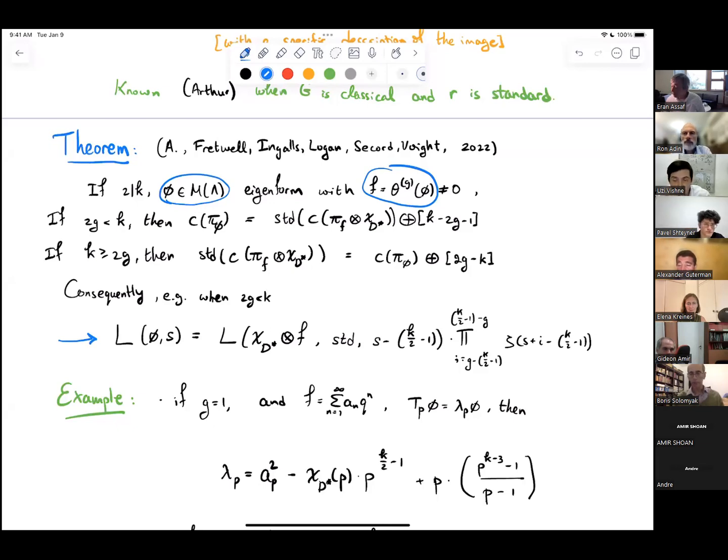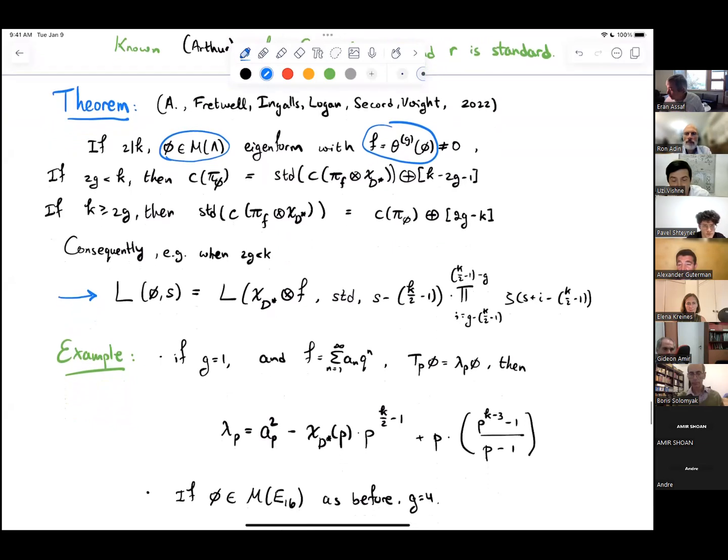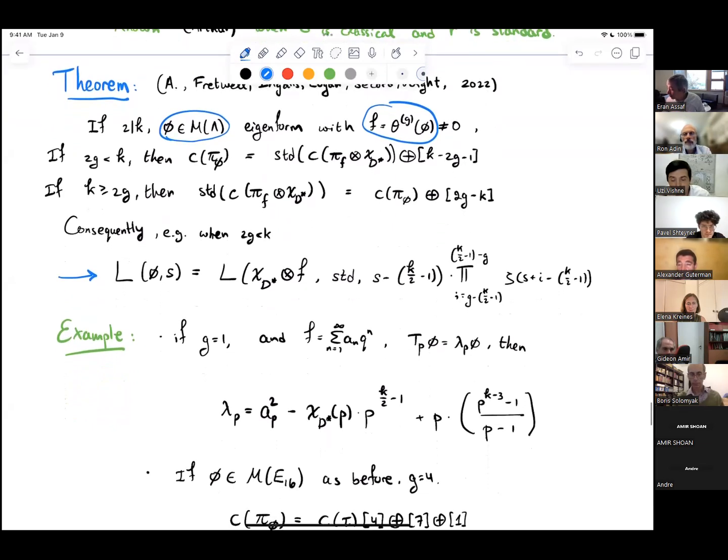And that gives things like, for example, if g equals 1, we can get an explicit relation between the eigenvalues of these forms. This leads to other interesting results, such as generalized Eisenstein congruences, and one can reobtain Ramanujan's famous congruence this way, but I think I'll stop here.